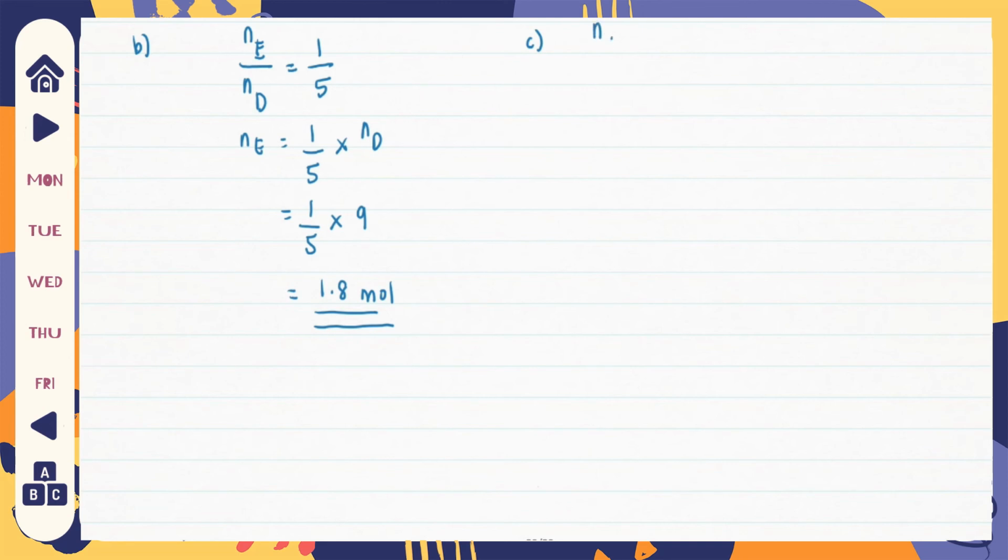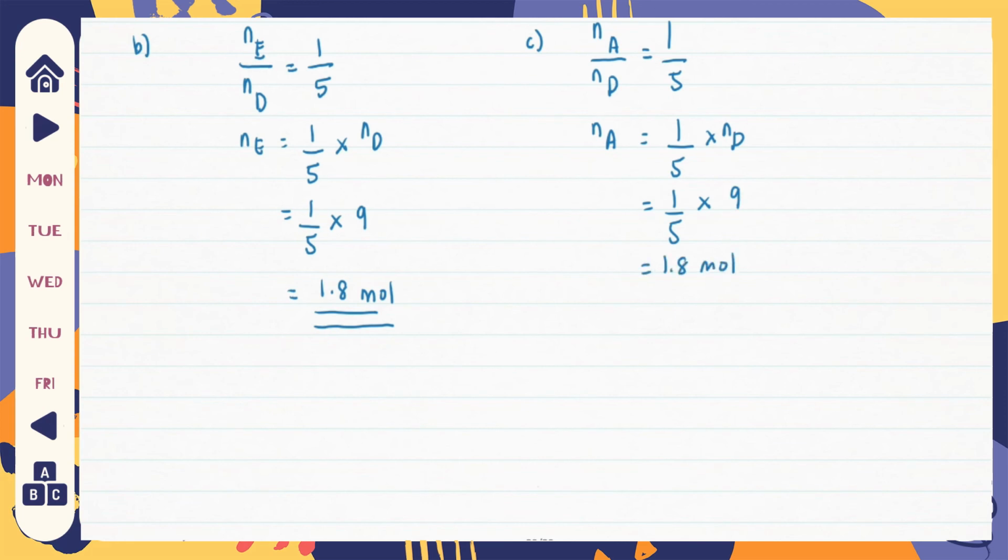Mole of A needed to react with 9 mole of D. The mole ratio of A to D is 1 over 5. So mole of A needed to completely react with D is 1 over 5 times 9. So you will get 1.8 mole.